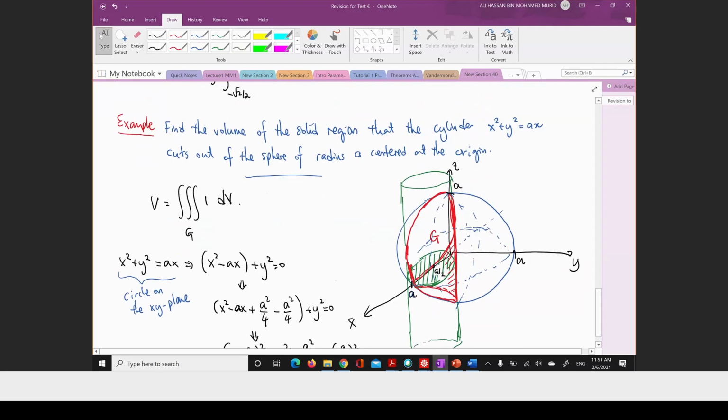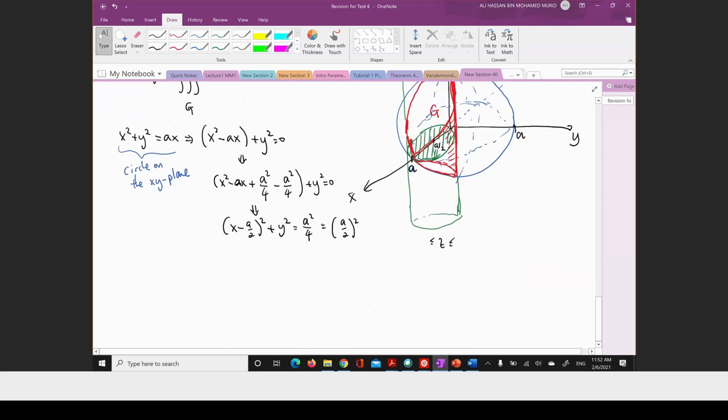The equation of the sphere is x squared plus y squared plus z squared equal to a squared. So the upper hemisphere is positive square root of a squared minus x squared minus y squared. The lower hemisphere is minus square root of a squared minus x squared minus y squared.